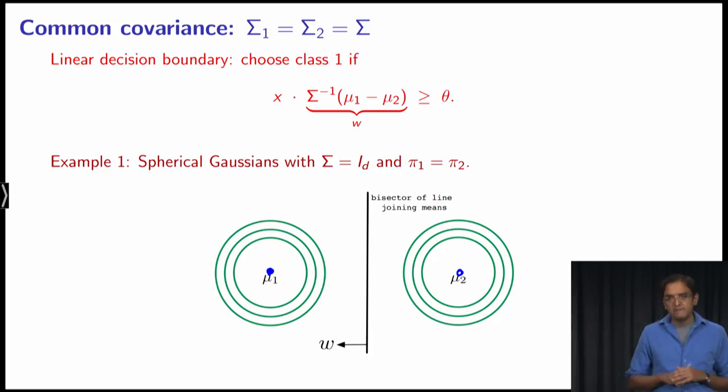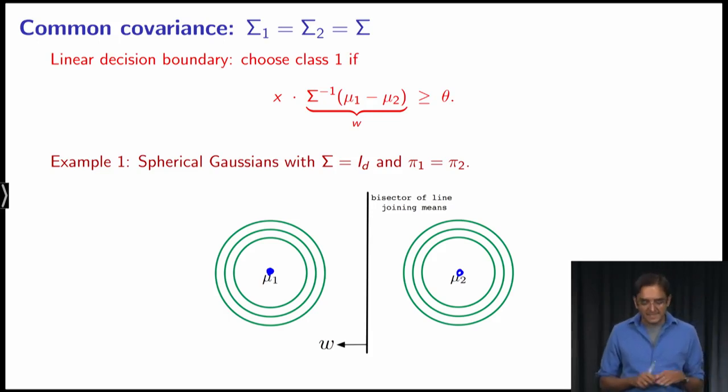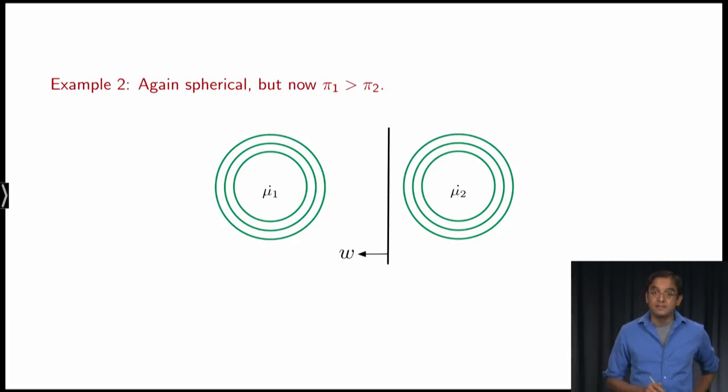But now let's say we were to vary it a little bit. Let's say that we change just one thing. Currently, we're saying that the class probabilities are equal. They're both 0.5. What if class 1 is actually a little bit more likely? Say pi1 equals 0.6 and pi2 equals 0.4. What happens then? So here's what happens. The decision boundary just moves slightly to the right. And let's see why this is.